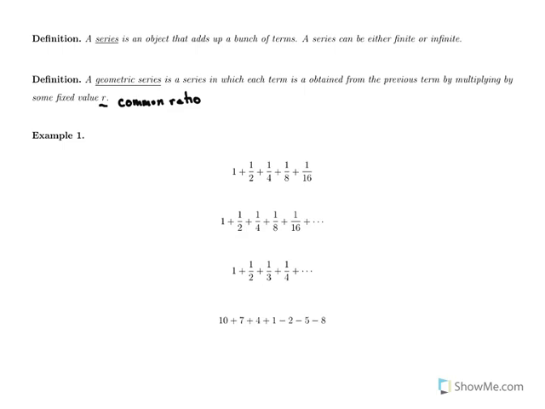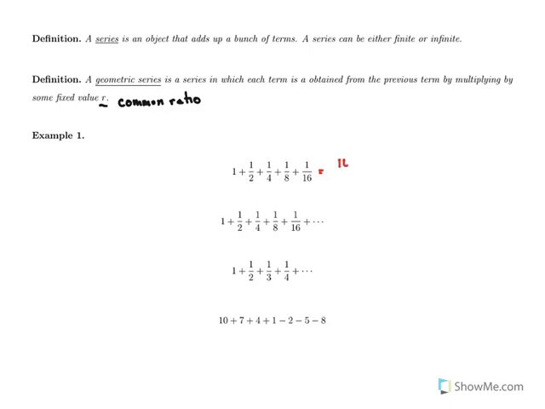So some examples of geometric series, probably the most famous one is what we have here. We have 1, we're going to add 1/2, then 1/4, 1/8, 1/16. This is just a finite number of terms, so we could add these all up using some common denominators, right?